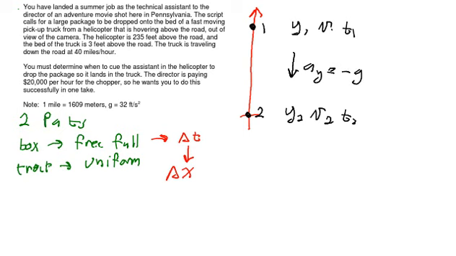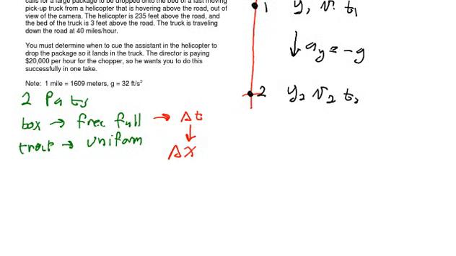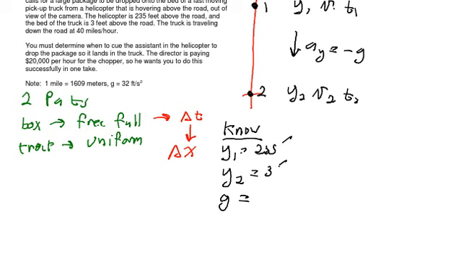Alright, we can make our table of what we know. For this problem, the value of y1 is given to be 235 feet, and the value of y2 is 3 feet. We actually don't have to change to metric units if we remember that the acceleration due to gravity in the English system is equal to 32 feet per second squared.